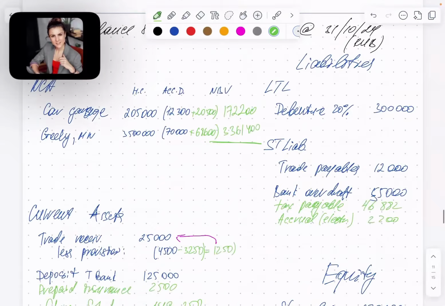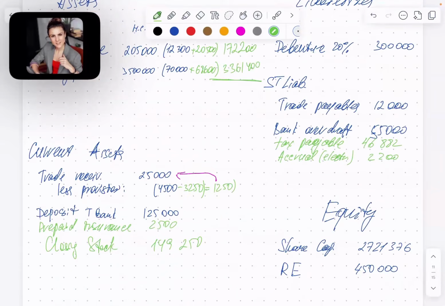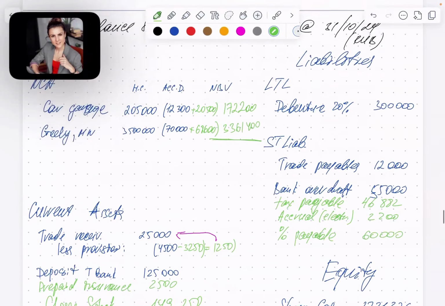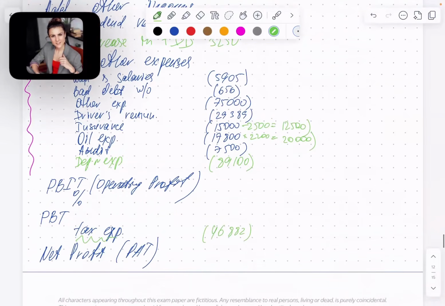Again, you are not required to write down these entries. You need just to include interest payable of 60,000 in the current section of liabilities, and interest expense. We have the line for this here. We have the line 60,000 in our financial statements. And then that was the last adjustment.